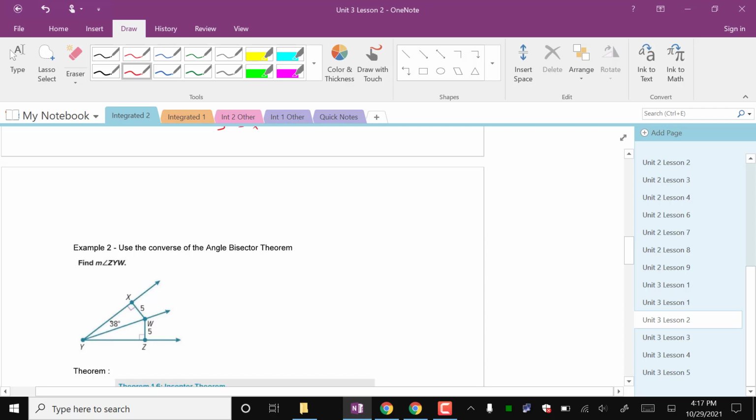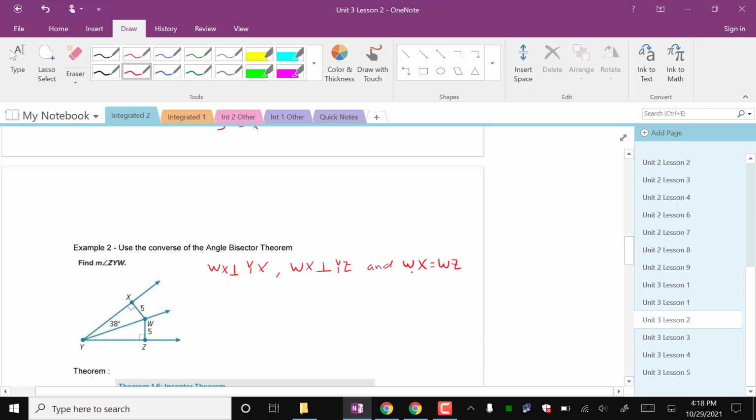Because WX is perpendicular to YX, and because WX is perpendicular to YZ, and we also notice that WX equals WZ. They're both equal to 5.